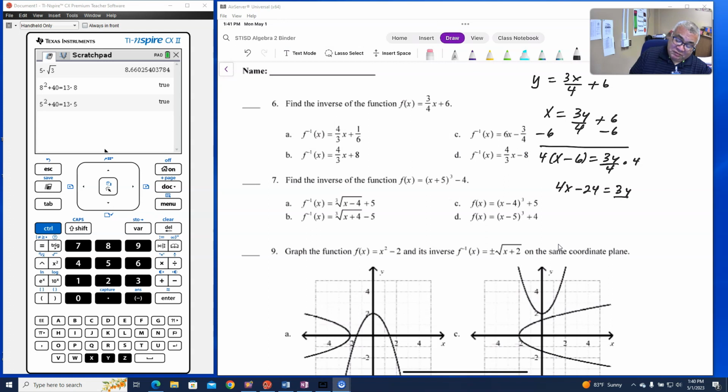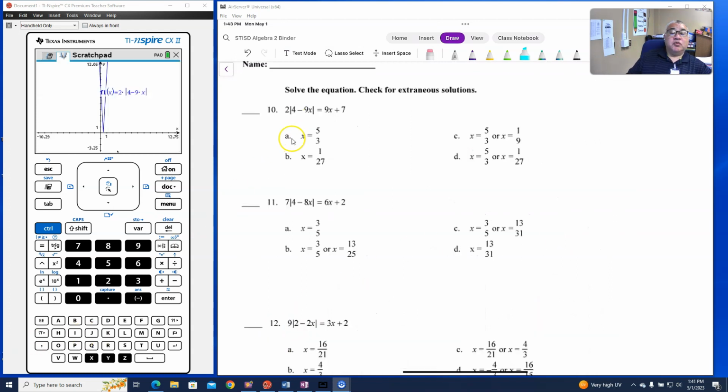And of course, the last step is to divide by 3. So y equals 4x over 3 minus 8. So your answer is D. And remember that the -1 means inverse of f.